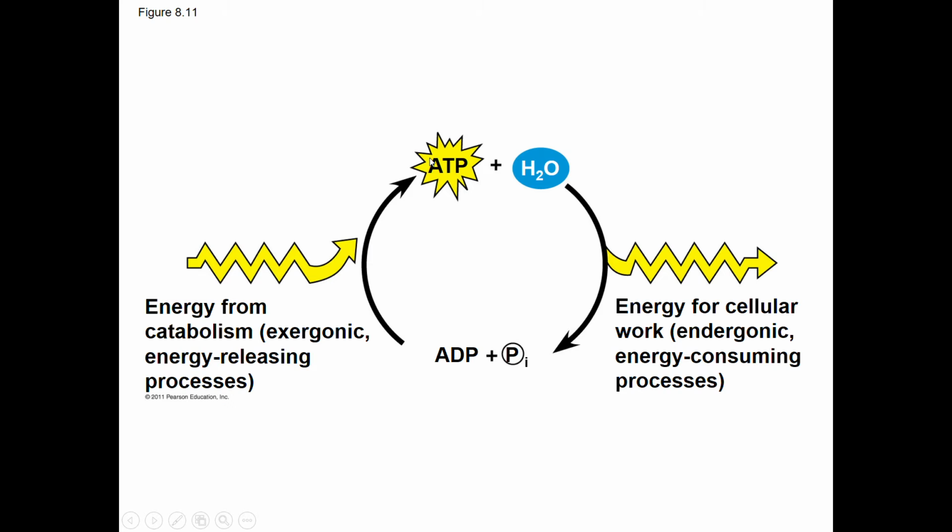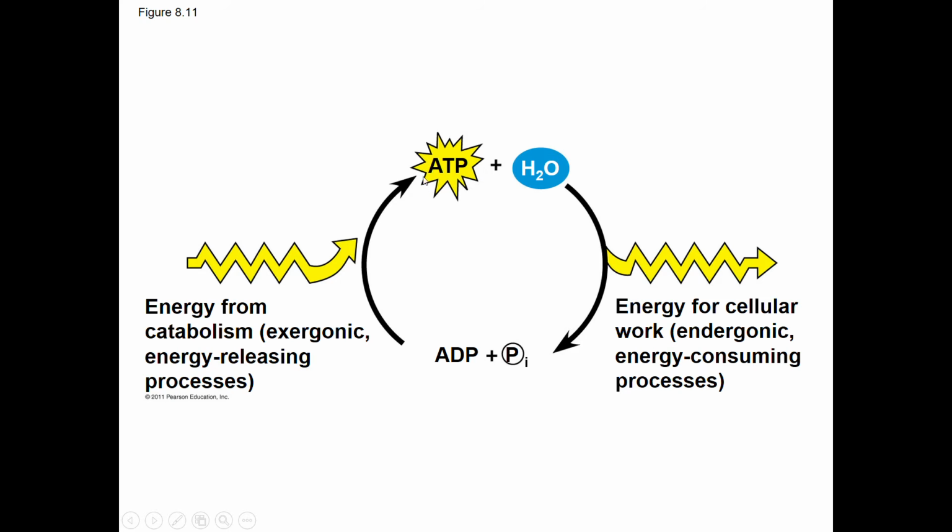And it's a reversible process. So energy from catabolism, some kind of exergonic energy releasing reaction, is used to convert adenosine diphosphate into adenosine triphosphate, so reactant, product, right? And so a good example of a catabolic reaction that does this is, of course, cellular respiration, right? We digest glucose and we release a lot of energy through that catabolic chemical reaction, and we use that energy to generate ATP.